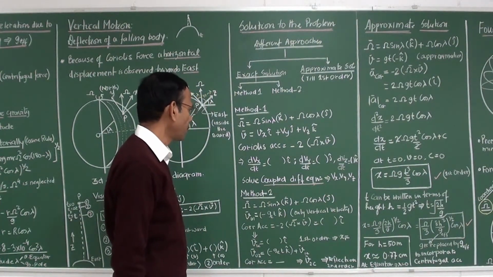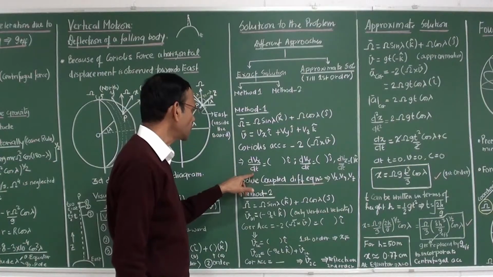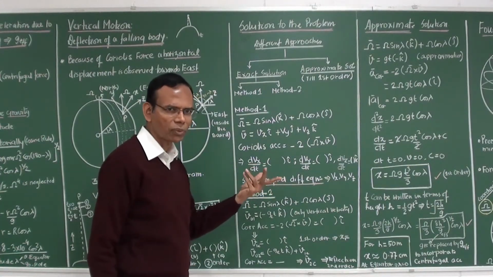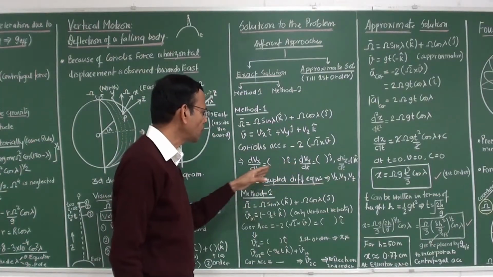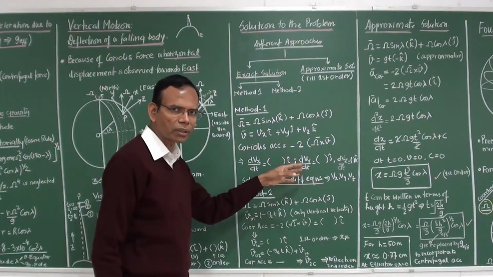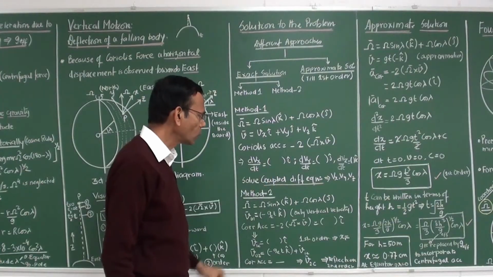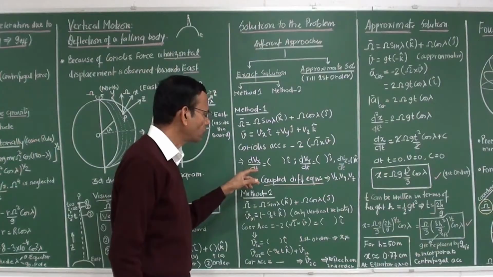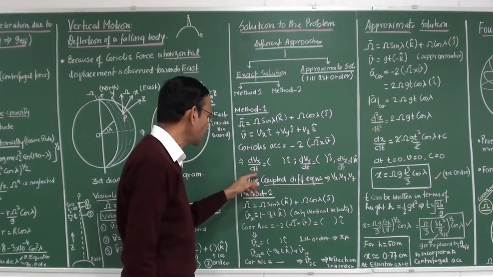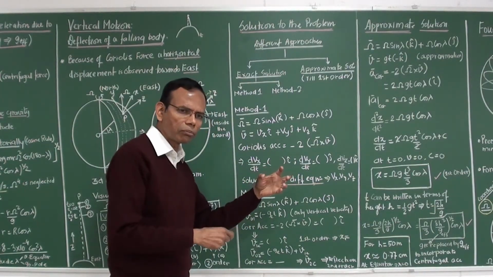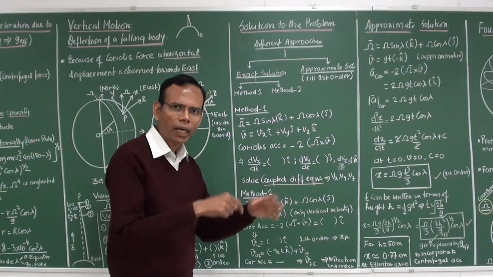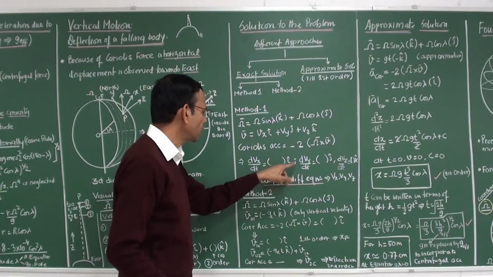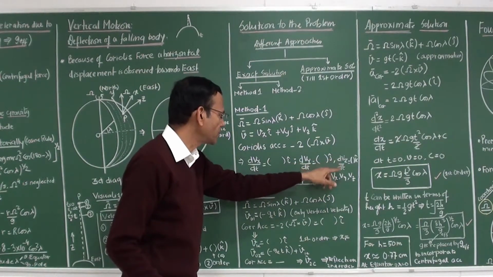Now I can write dvx by dt, because I have to find out in x direction, in y direction, in z direction. The z direction is okay, but mainly we have to see the x and y direction. What is the deflection? That is what we are interested in mostly. But we have to write all the three equations, because every movement is linked with the other one. So dvx by dt is this, dvy by dt is this, and dvz by dt is this.